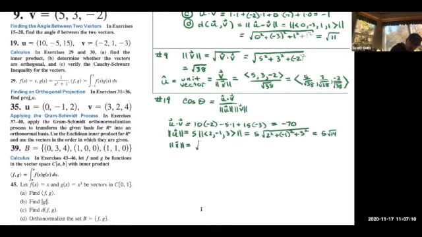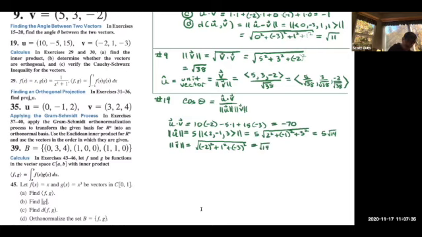So we get the square root of -2 squared plus 1 squared plus -3 squared. It's 4, 5, and 9, square root of 14.